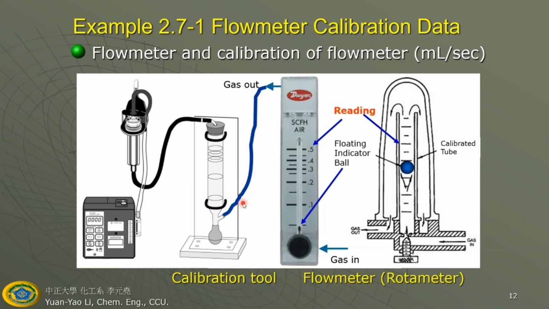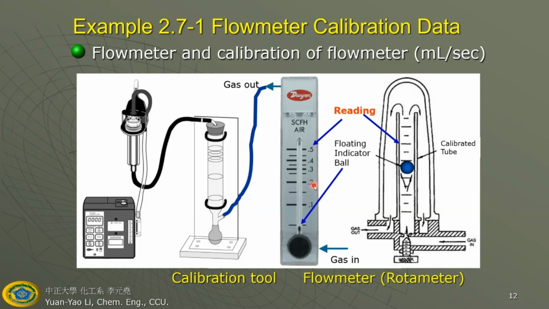So what's the flow rate? 5 milliliter per second. If I have a reading of 0.2 at this time, I know 0.2 relates to 5 milliliter per second.